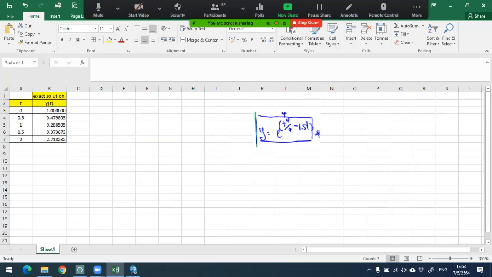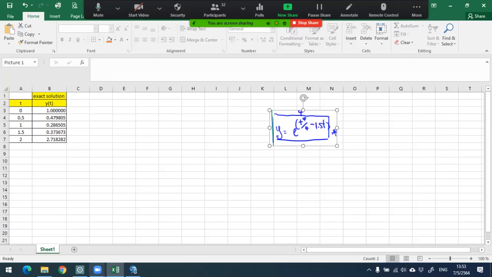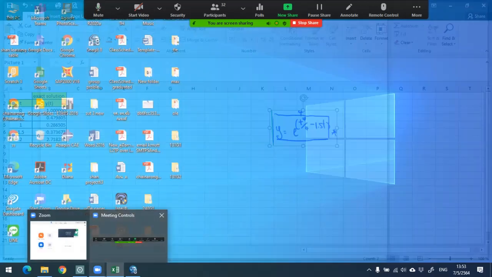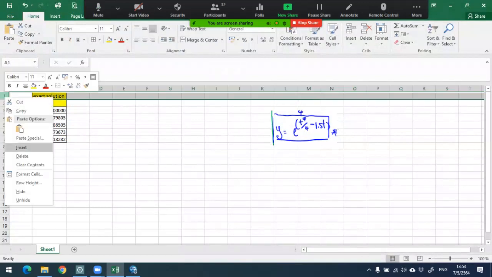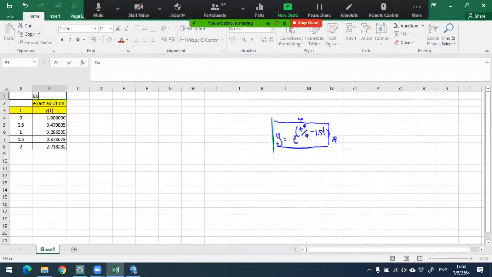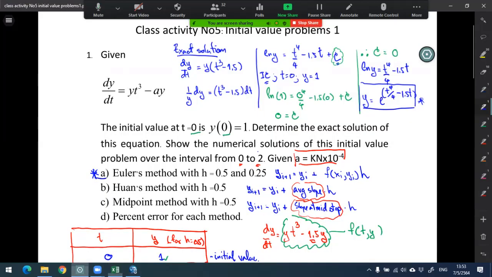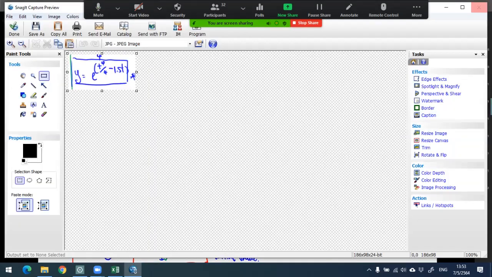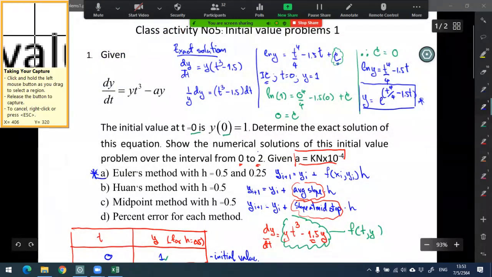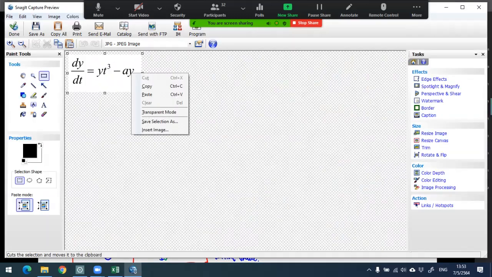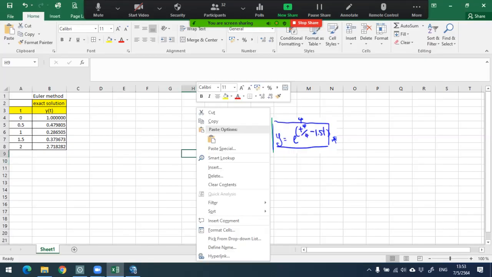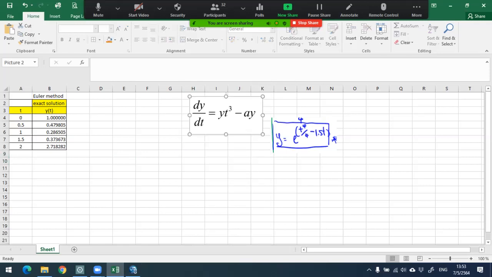After that, we will move to the Euler method. This is for the Euler method. We have this equation.